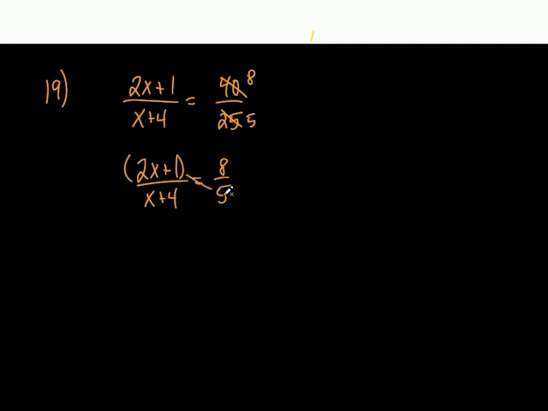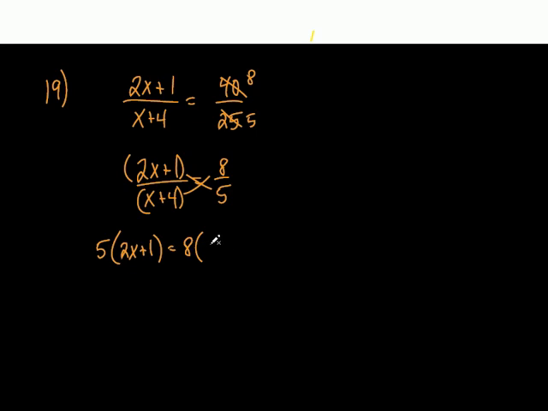Let's multiply these together. Now notice what I did. I put parentheses around this. So this 5 is being multiplied by this entire parentheses. So I have to distribute. So let's make sure that we distribute. In fact, I'm going to write it down for you. So it's going to be 5 times 2x plus 1 equals, and then do the same thing here. Make sure you put parentheses around this. When there's a sum, you need to put parentheses around it.